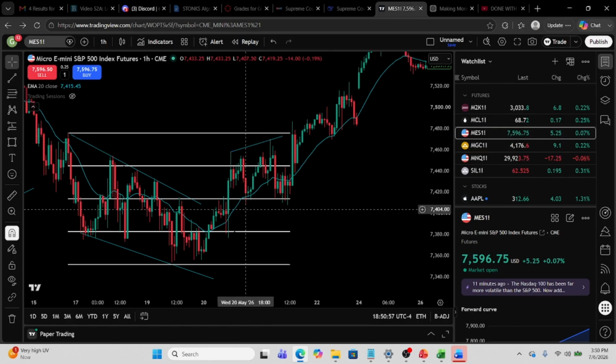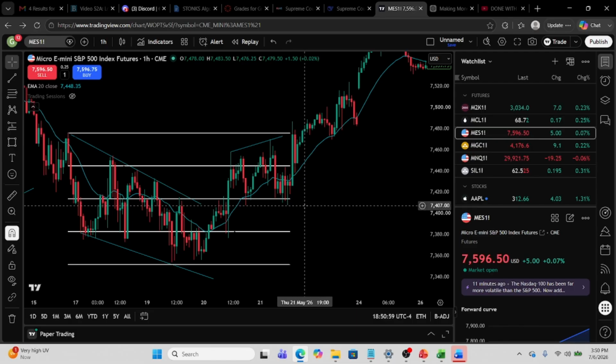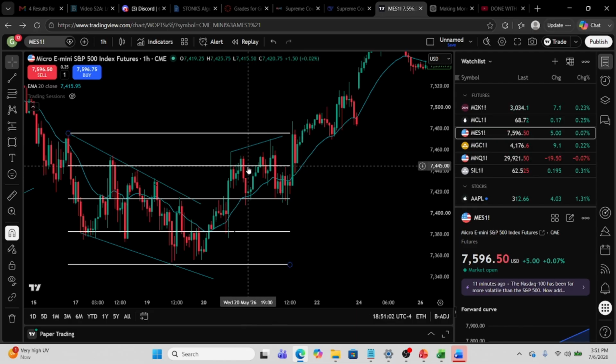But it didn't form a higher low, it formed equal lows. So you can tell there was a slight balance in the market as the market's trying to figure out what is pricey and what is cheap, what's a discount and what's a premium, right? The market was trying to figure this out right here.